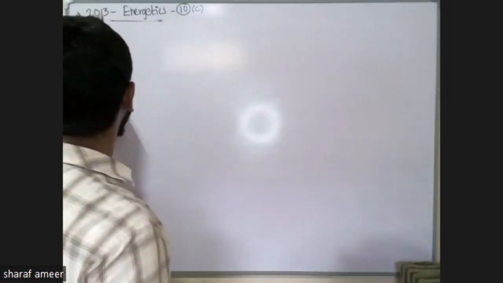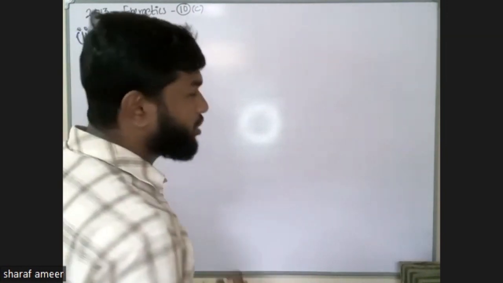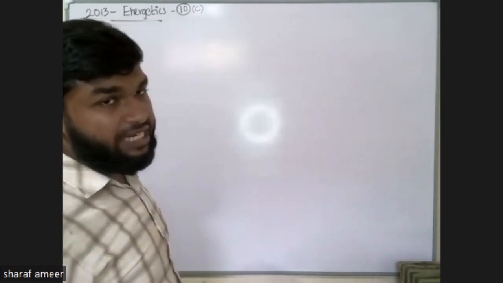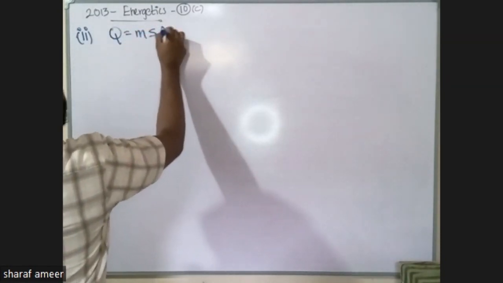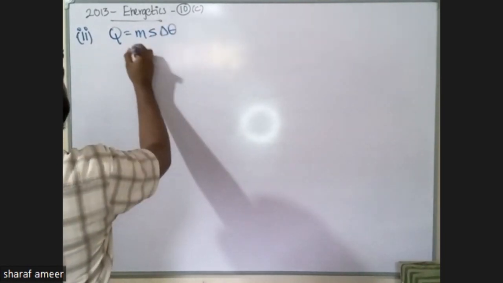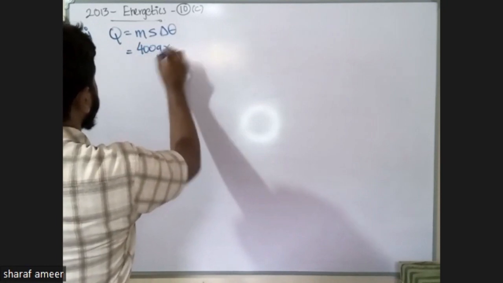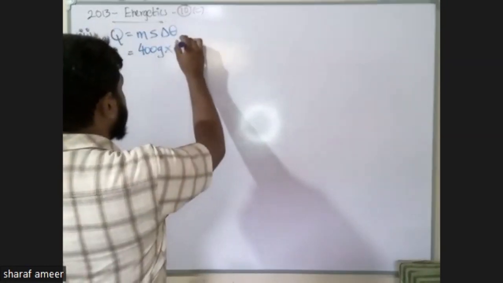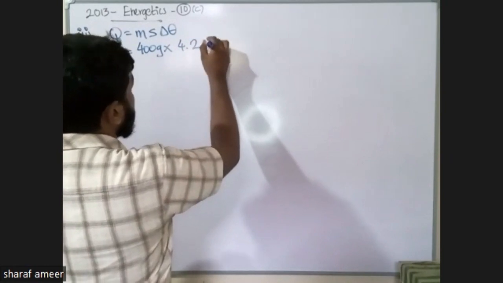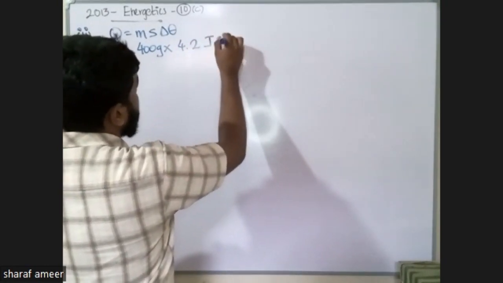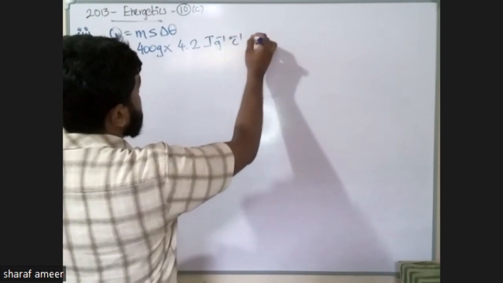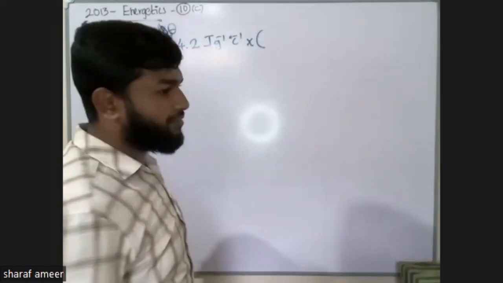A simple concept here, just like physics heat. So you can use Q is equal to MC delta theta or MS delta theta, whatever it is. So Q is equal to, I'm using MS delta theta. So mass of water is 400 grams into specific heat capacity of water 4.2 joules per gram per degree Celsius into temperature difference here.